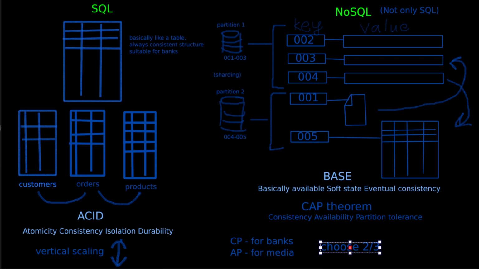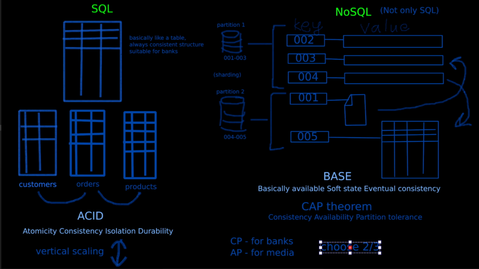You can get consistency and partition tolerance, and you'd get something that is consistent and never breaks completely, and that's kind of suitable for banks and systems that should be reliable.